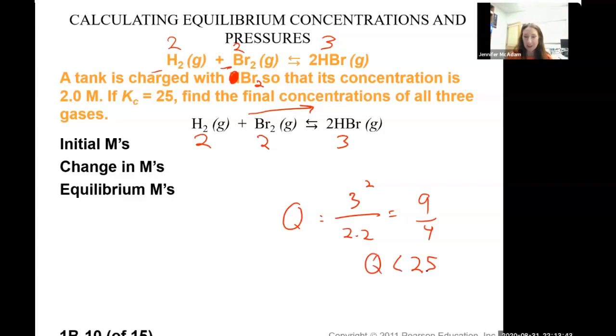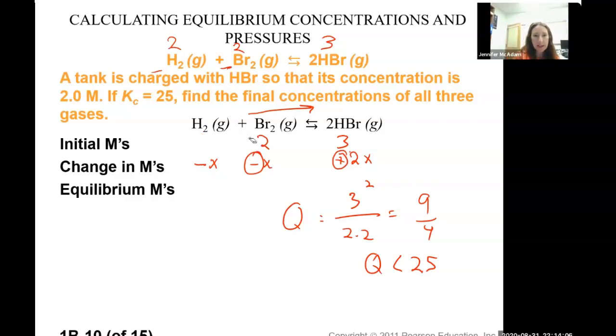And since it's less than 25, that means our reaction has to go forward. So therefore, this is a negative x, this is a negative x, and this is a plus 2x. Right? So do you see it's your Q that you're using, that's what's telling you the signs. Does that make sense? Yeah, it does.